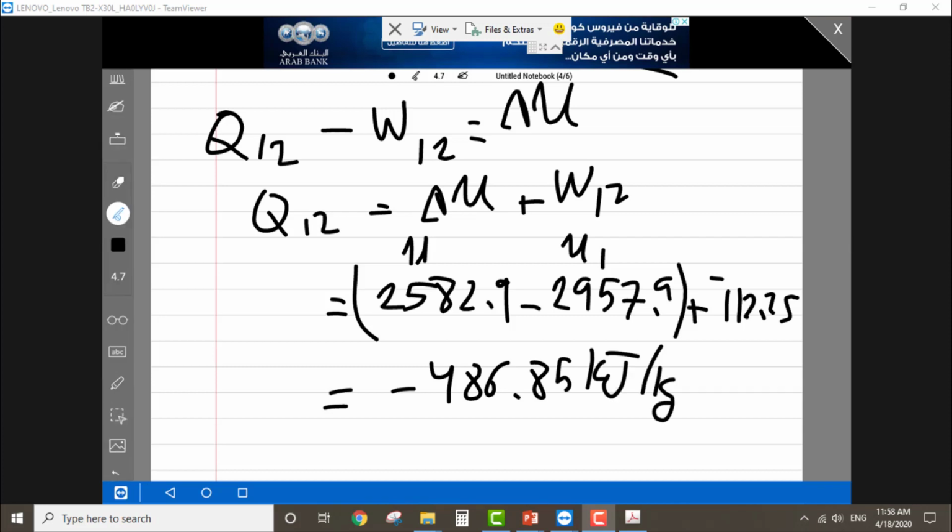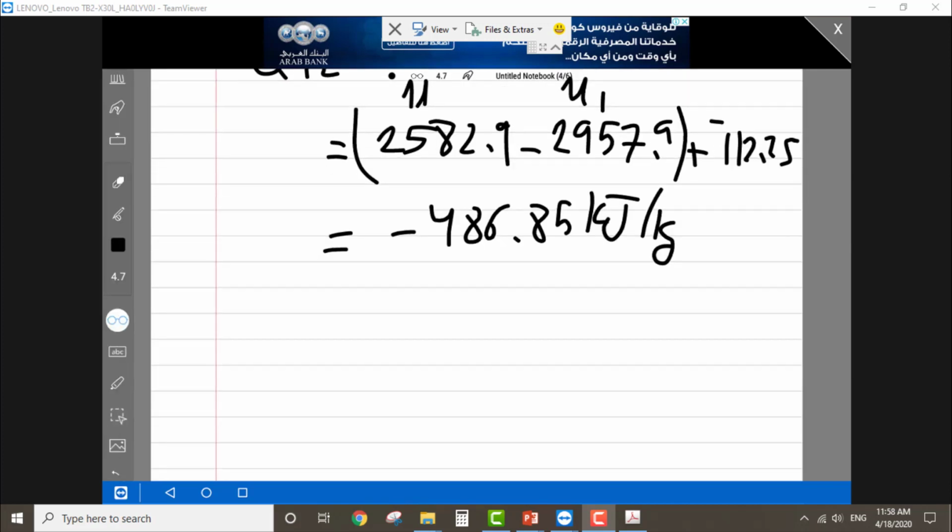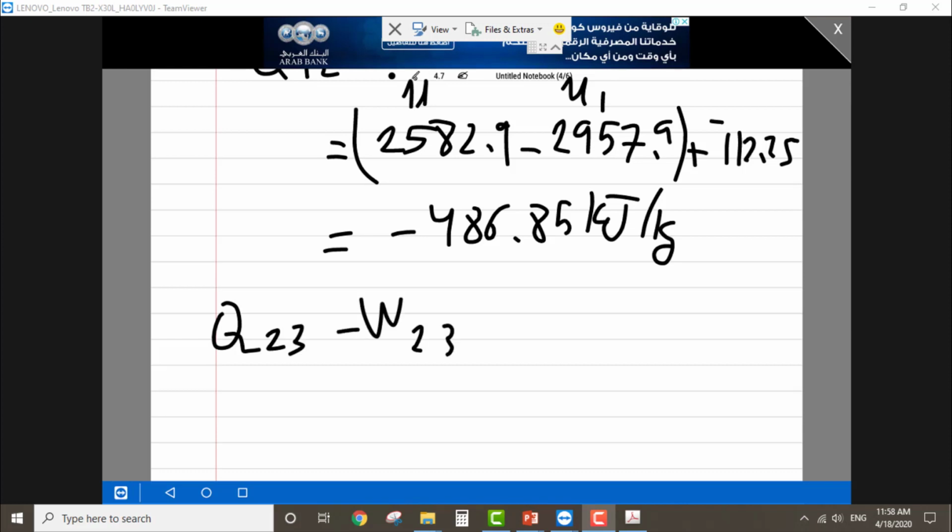Now we'll do the same with Q2-3 minus W2-3 equal to delta U, where W2-3, we said earlier, is equal to 0, and delta U means U3 minus U2.